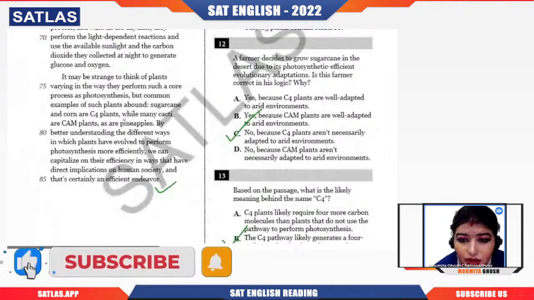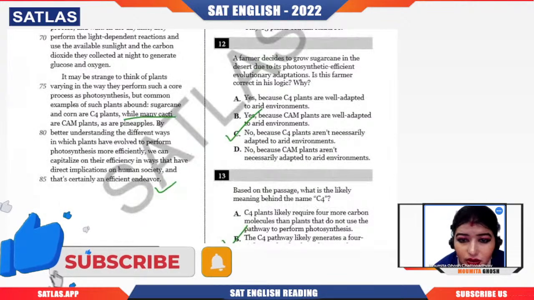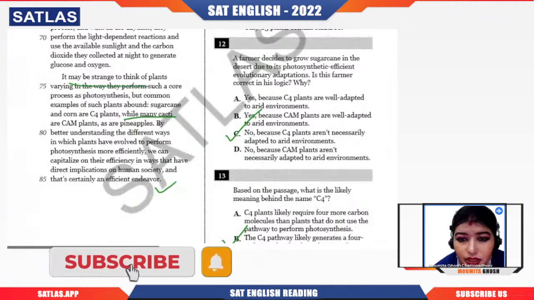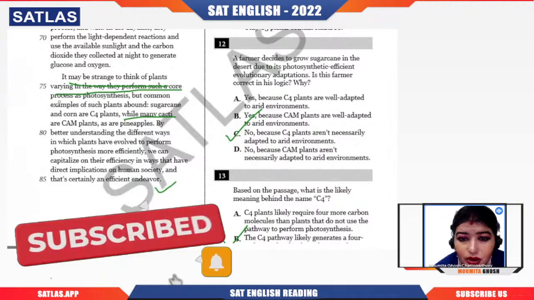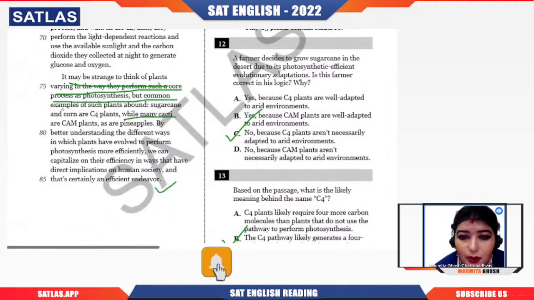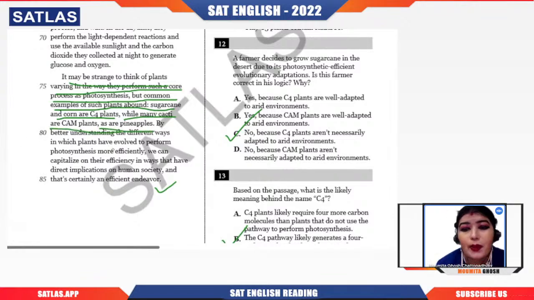See, while many, okay, it may be strange to think of plants varying in the way they perform such a core process as photosynthesis, but common examples of such plants abound. Sugarcane and corn are C4 plants, while many cacti are CAM plants, as are pineapples.